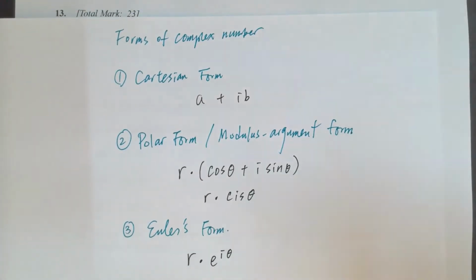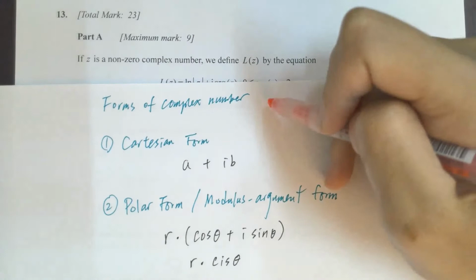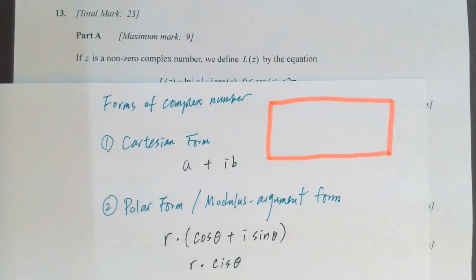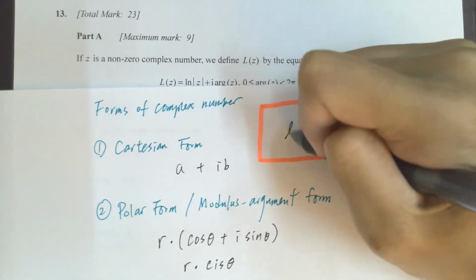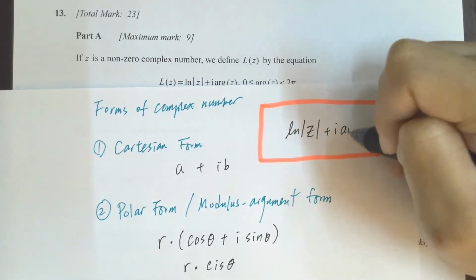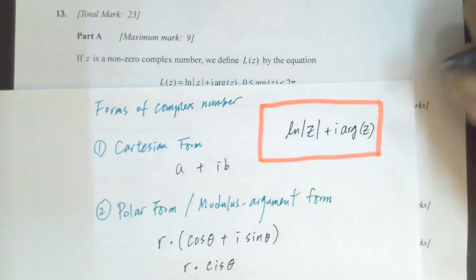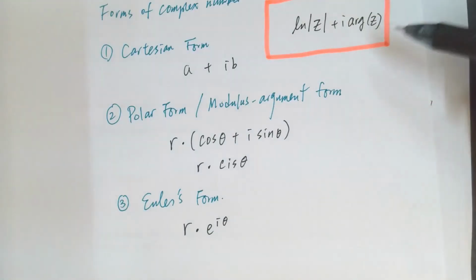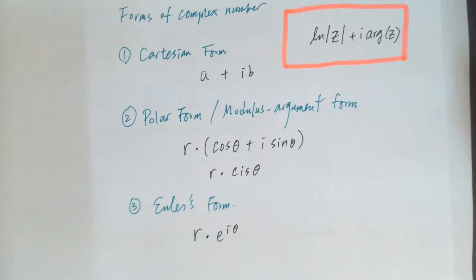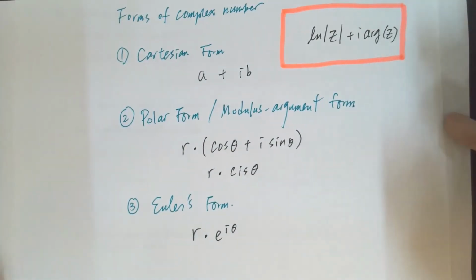So let me remind you what the form in our question looks like. It's something like ln z + i arg z. Okay, I'm not saying that this is exactly comparable to any of these, but you'll see how they relate to each other very quickly, right?